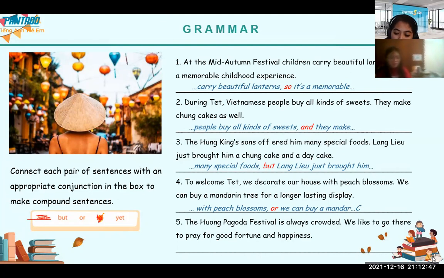Okay, so can you please read it together with your answer? The Huong Pagoda Festival is a long way, yet we like to go there to pray for good fortune and happiness. Okay, very good, Ngok. For this one, you got 5 out of 5. That is a correct answer.